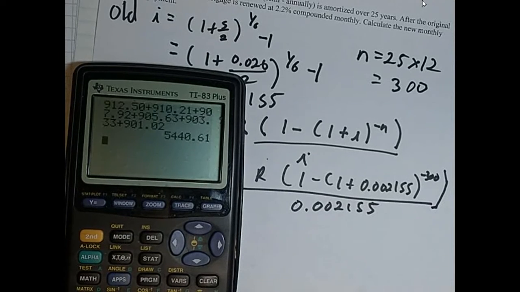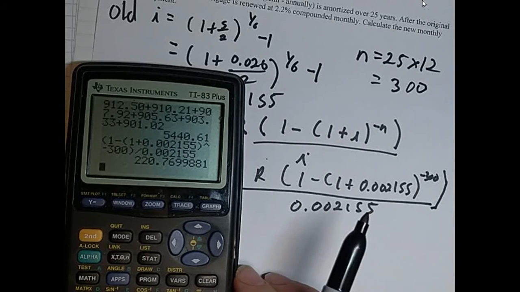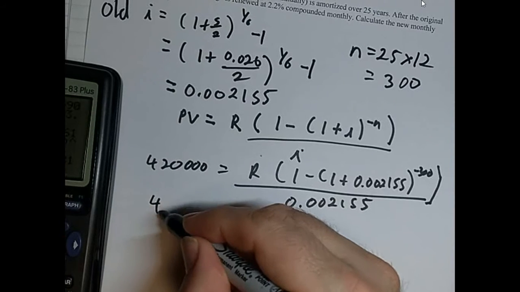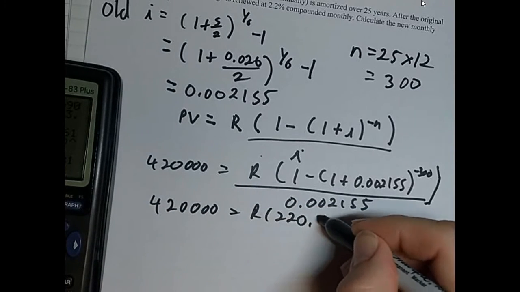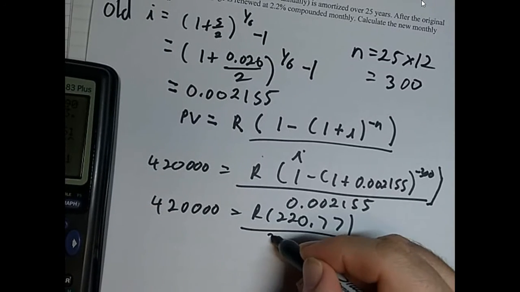So 1 minus bracket 1 plus 0.002155, the exponent minus 300, close the bracket, divided by 0.002155. That gives 220.77. So 420,000 equals R times 220.77. Now we divide by 220.77.